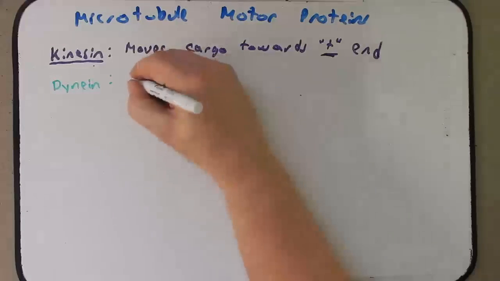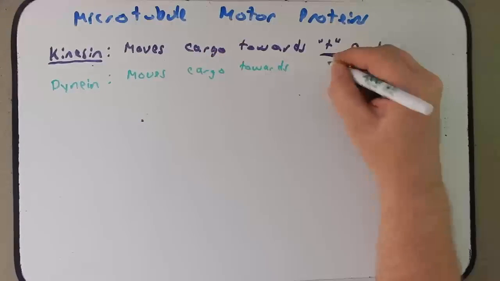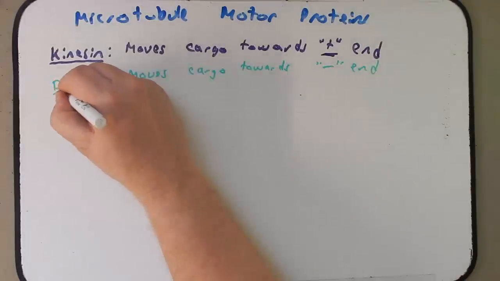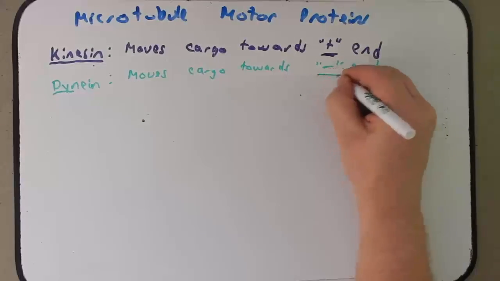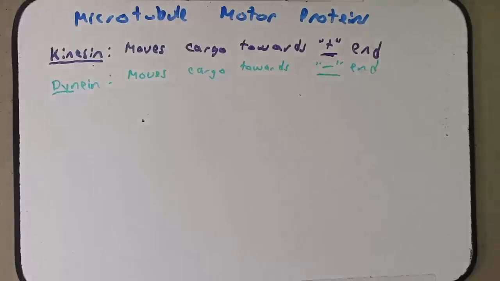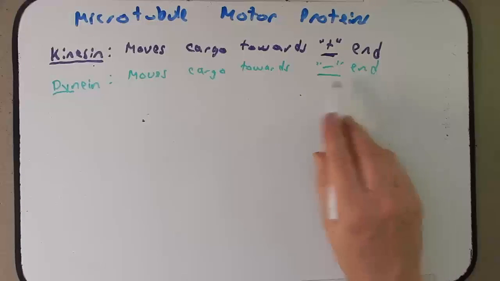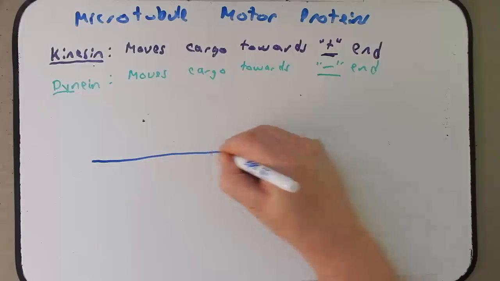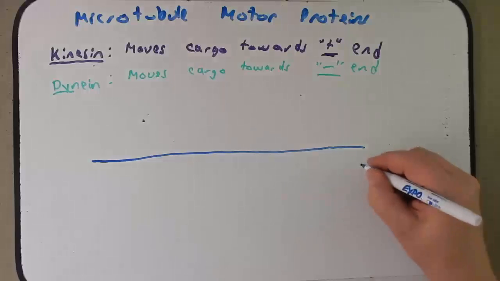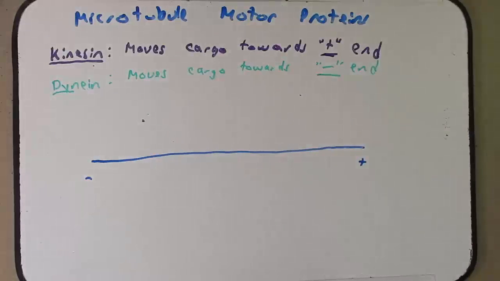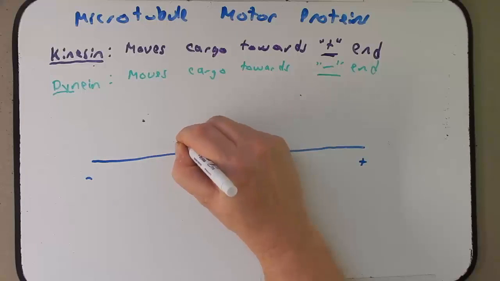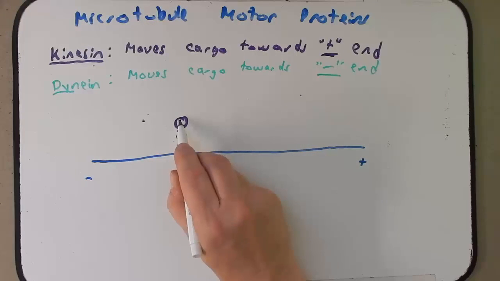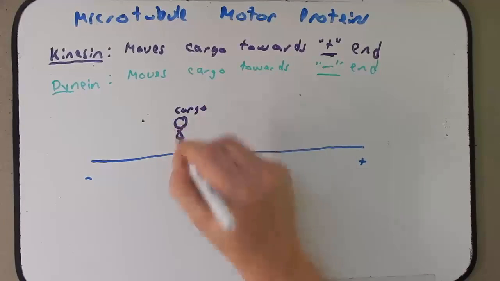Dynein does the opposite. It moves cargo towards the negative end. And I associate the word di with a negative. So that helps remember dynein is the motor protein that moves it towards the negative end. So if you were to have a microtubule, like so, with a positive end over here and a negative end over here, you could have a kinesin, like this, that binds to the microtubule and then has a cargo on top here.